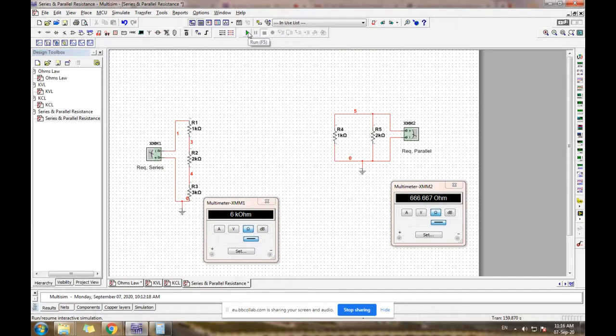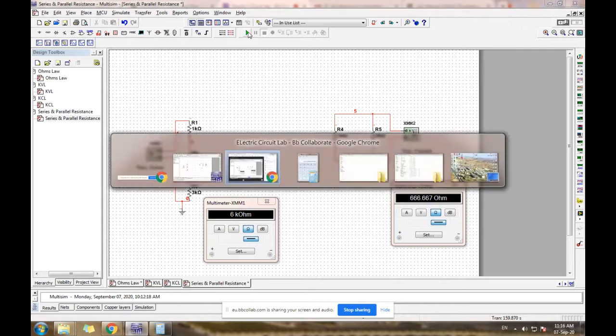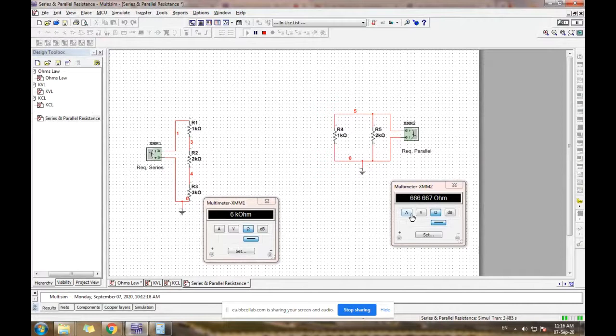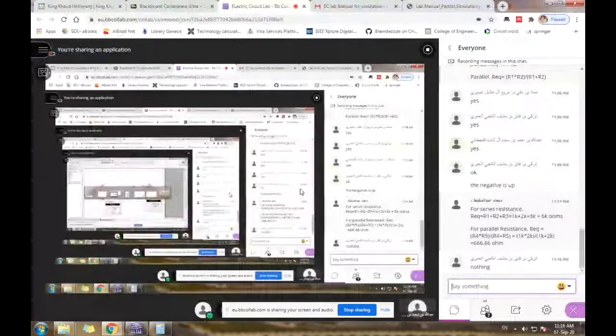What will be the change? Students, if I make the negative up instead of positive up, what do you expect? What would be the change? Let us check. If I run, there is no change, right? It is 6, same as 6.